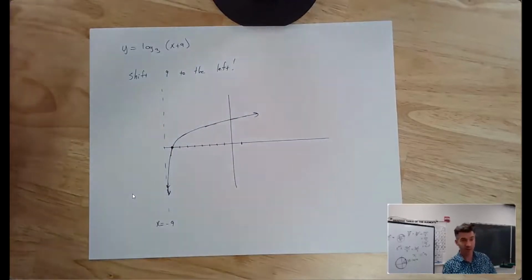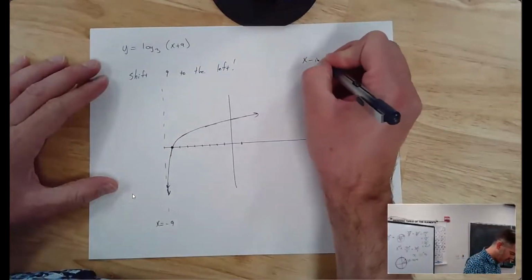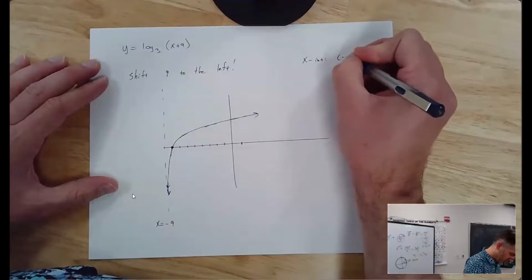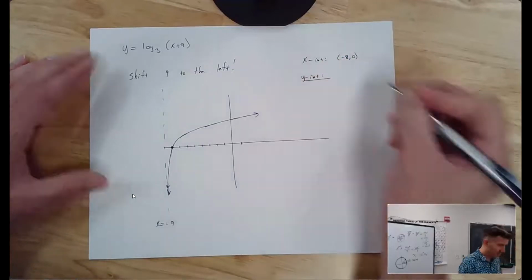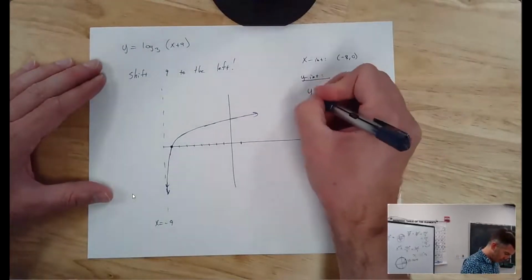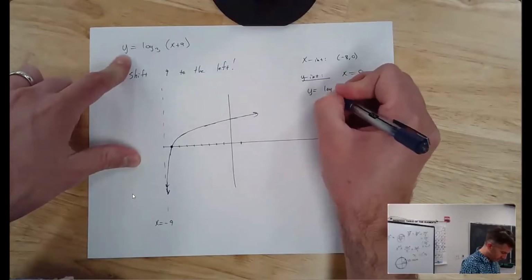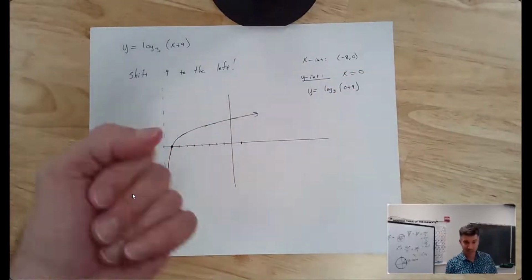Luckily, finding a y-intercept isn't too terrible. So our x-intercept is totally going to be (negative 8, 0). And the y-intercept, well, how do we usually find the y-intercept? We said x equal to 0. y is going to be log base 3 of 0 plus 9. Fortunately, this one's pretty easy to calculate.